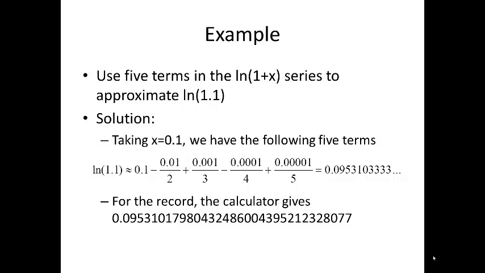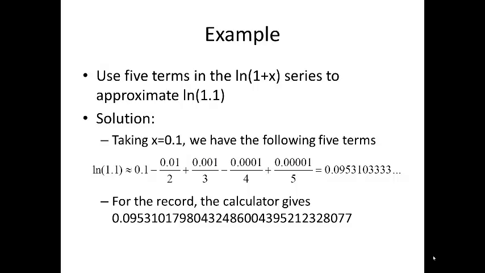Natural log of 1.1 is approximately equal to 0.1 minus 0.01 divided by 2 plus 0.001 divided by 3 minus 0.0001 divided by 4 plus 0.00001 divided by 5, and it comes out to about 0.09531, with repeating 3's, and the result that I got on the calculator on my computer gave 0.09531079. So this is actually pretty close.